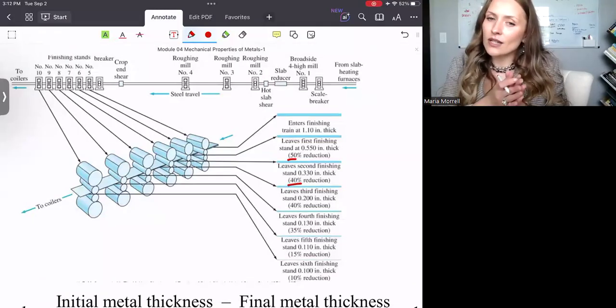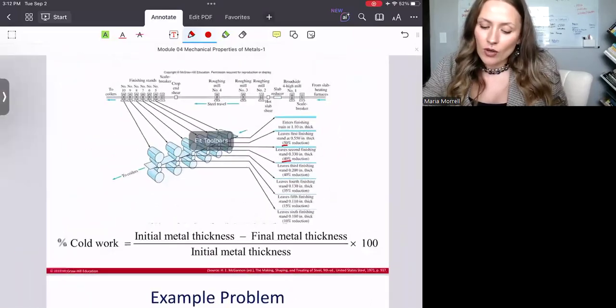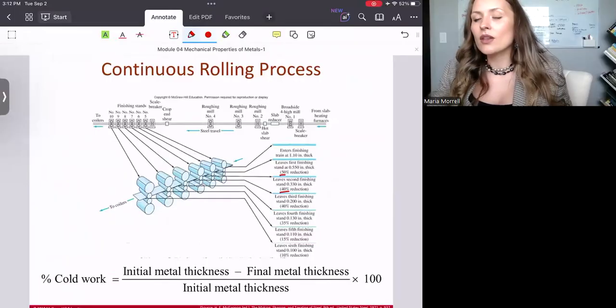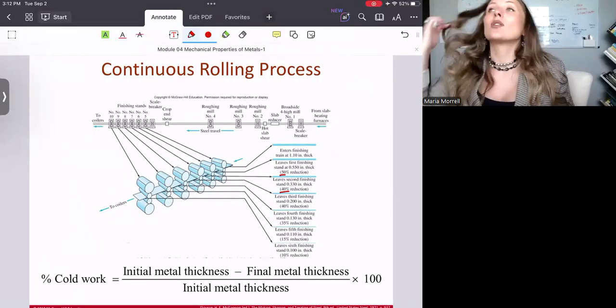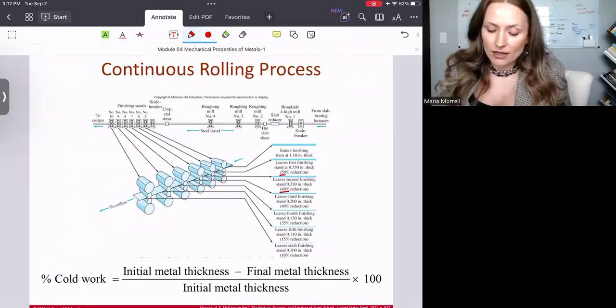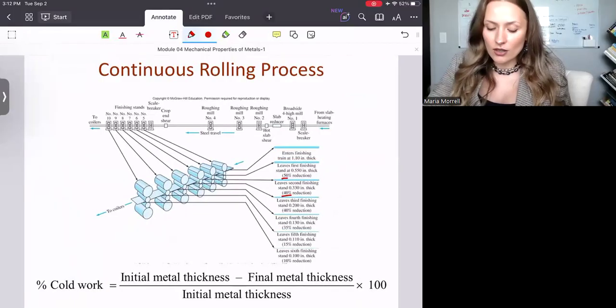Think of it as a series of rollers. Now, whenever we are to apply the cold rolling or the hot rolling, well, specifically the cold rolling, we actually can estimate the percent of cold work that is required to achieve the desired reduction in thickness.